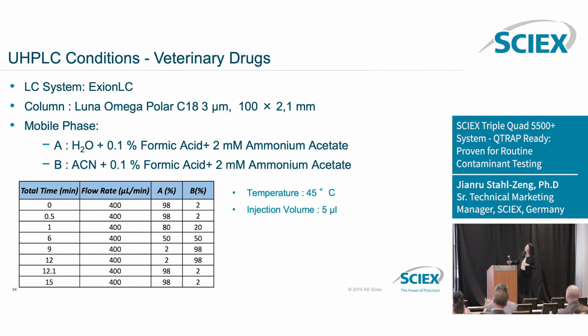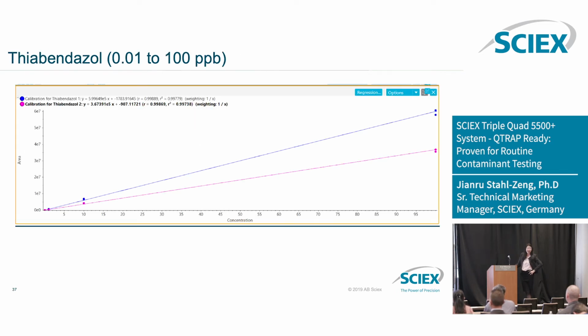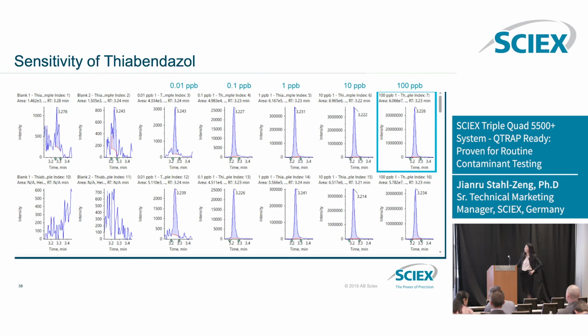In this case, what we did is only look at the positive injection, positive mode. And here is just one example: we go down to 0.01 ppb up to 100 ppb. You got quite nice linearity if you look at R here. And look at the sensitivity on this instrument, 0.01 ppb.